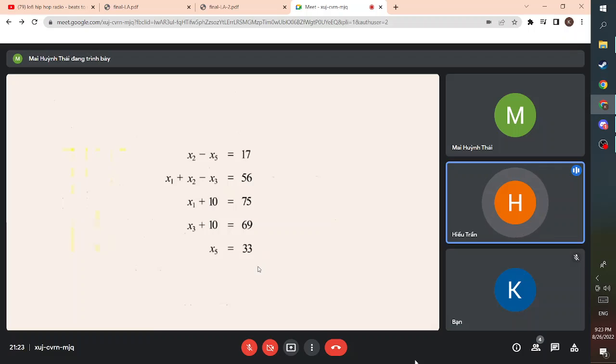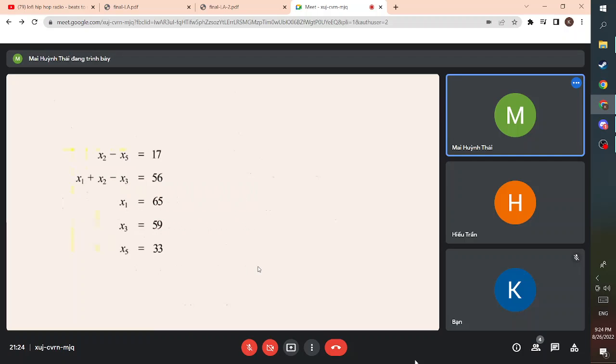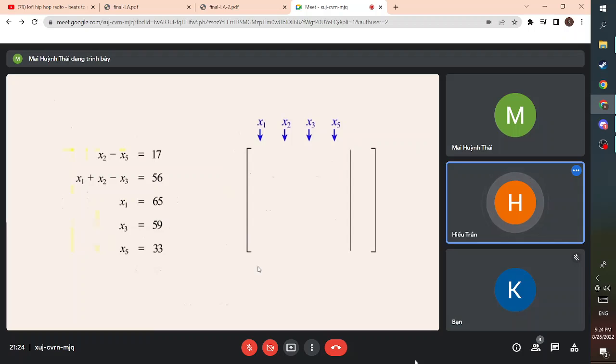Firstly, we simplify the equation containing more than one constant by combining the constants. We will put the equations into matrix form. The variables in each equation have coefficients of either 1 or negative 1, and the remaining empty entries are zeros on the left of the vertical line. On the right of the vertical line, the constants in the equations become the entries.